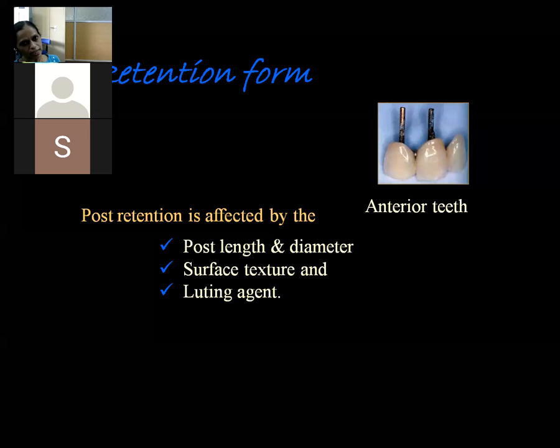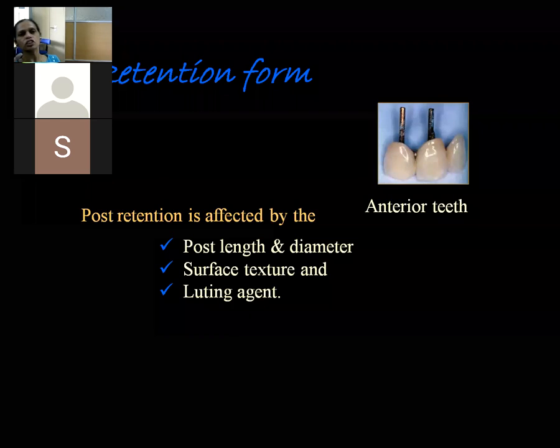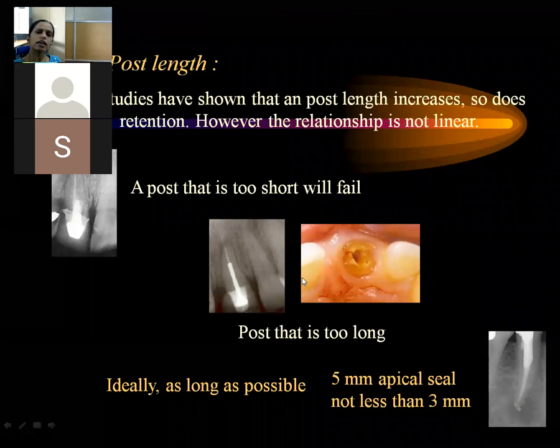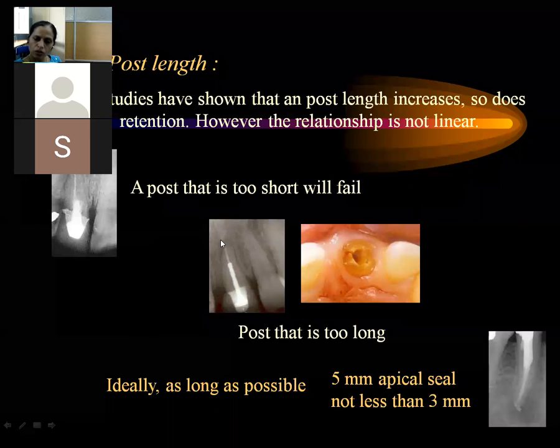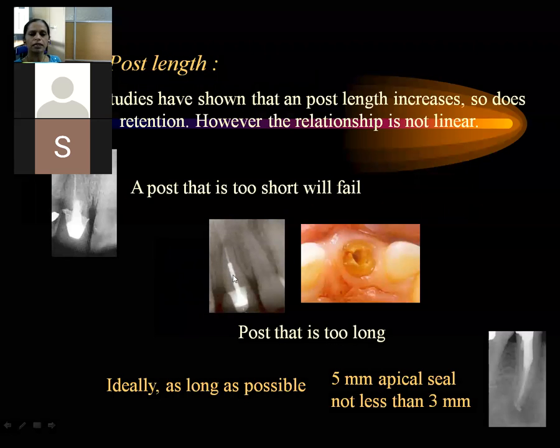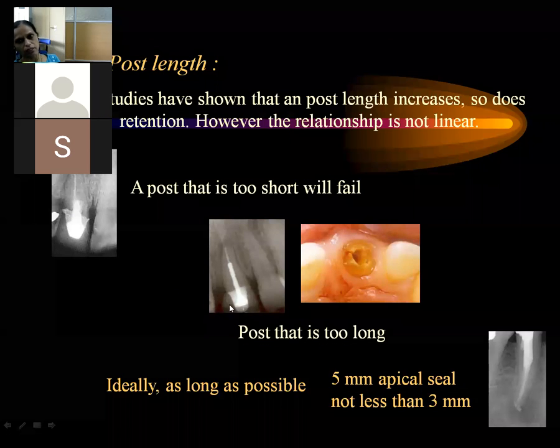You have to see that the apical one-third GP should be intact. Otherwise, what will happen? There will be leakage. Here I am telling you the apical GP should remain intact, so it should not cause leakage from the periapical area into the root canal. So this seal is very important. For a 5 millimeter seal, only then will this seal be good.